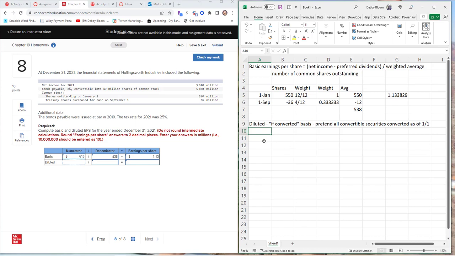But in this case, we have bonds. So what we're going to have to do for the numerator effect, we're going to first have to calculate the after-tax interest on the bonds.